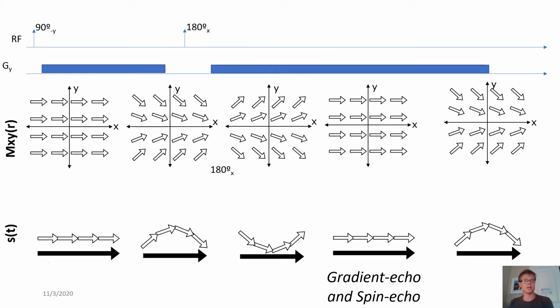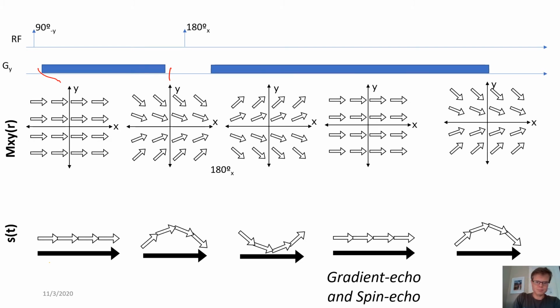Now what happens in the case of a 180-degree pulse? Okay, so things start off the same. Now, the thing you may have seen in the pulse sequence diagrams, like the one I showed before, is we actually do the gradients in the same direction here.